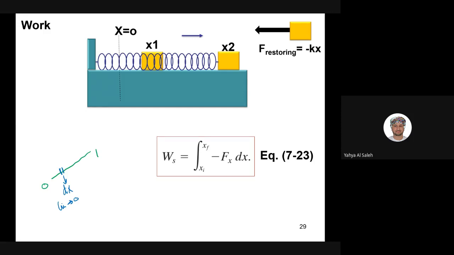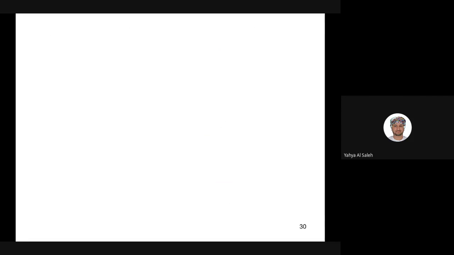And what we end up with is an integral. So instead of saying f dot d, we say integral of f dx. So we're going to look at it at every single point of time, from our initial to our final position. So let's plug it in.